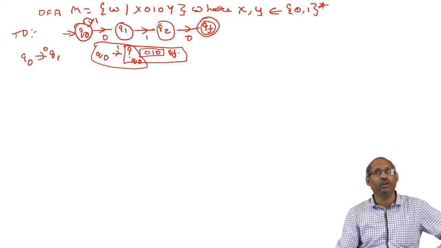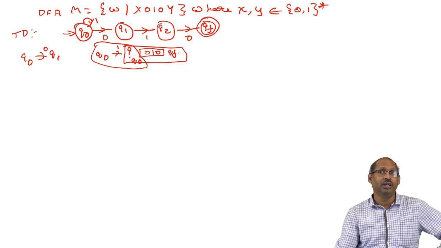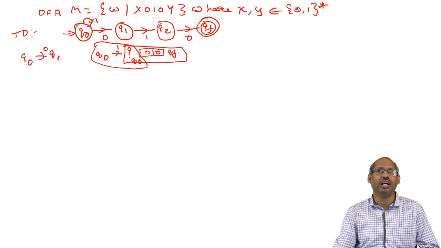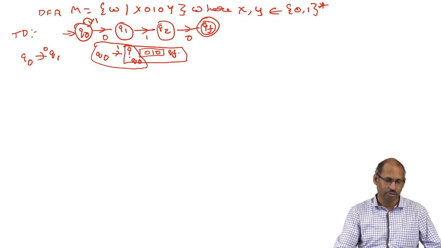So, the state that will follow 010 to reach the final state is Q0. What it implies is Q0 on 1 goes to Q0.